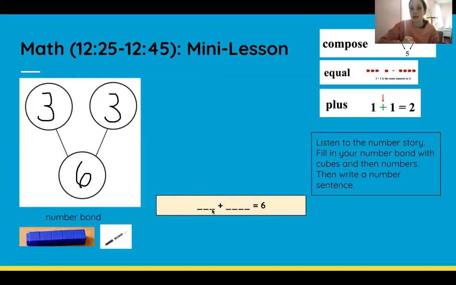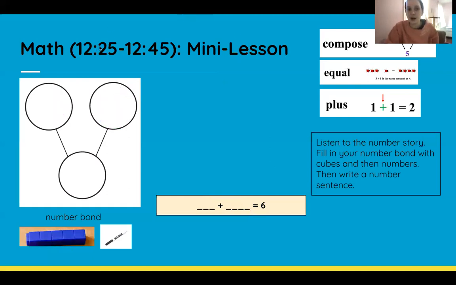Okay, now I'm going to write mine and you see if you got the same thing as me. Ready? 3, because that was one part, and 3 make 6 all together. 3 and 3 equals 6. Did you get the same thing as me? If not, that's okay.